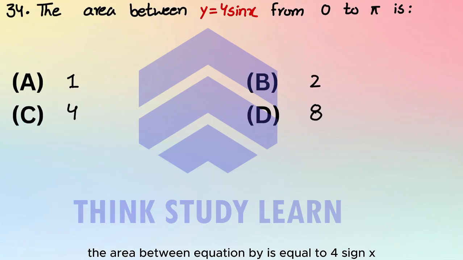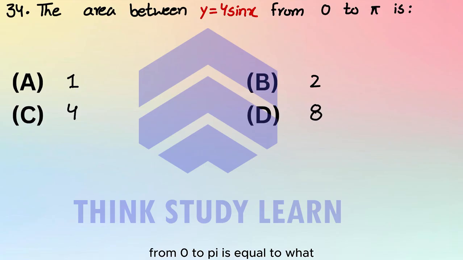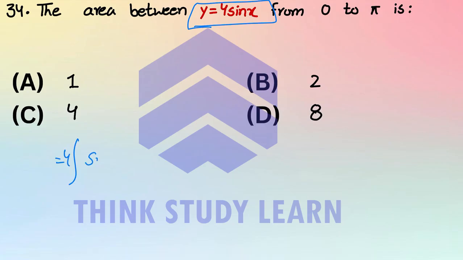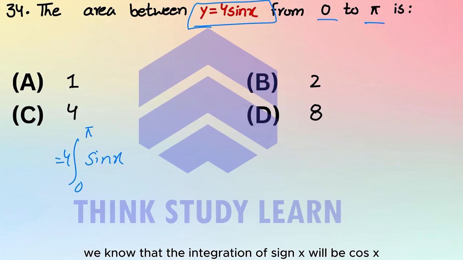The area between the equation y = 4 sin x from 0 to pi is equal to what? So to find the area between any equation, we will apply integration. So applying integration on this equation for sin x and limits are 0 to pi. So 0 to pi will be the limits. We know that the integration of sin x will be -cos x.